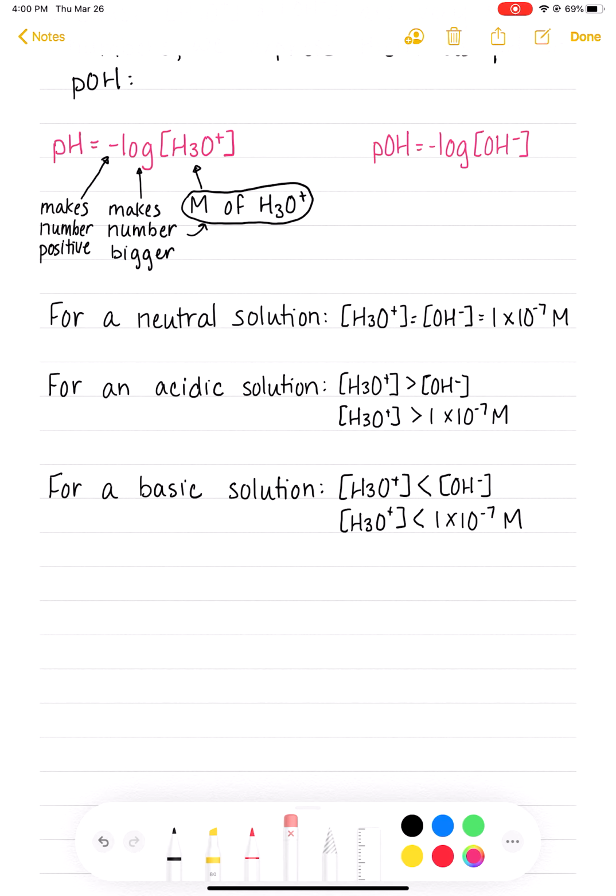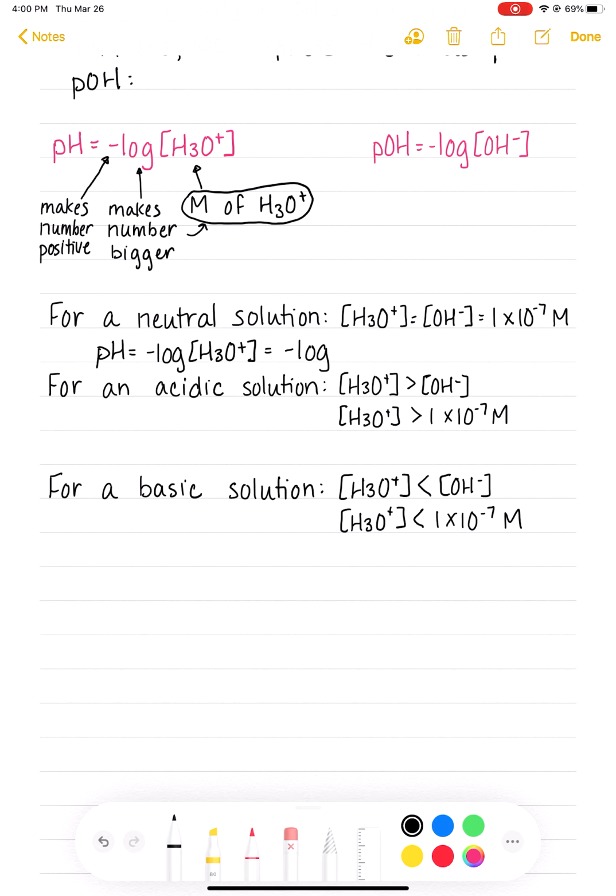For a neutral solution, we know right away, if we wanted to calculate the pH of a neutral solution, we would use pH equals negative log H3O plus, and we know the H3O plus for this neutral solution, so we can plug that in.